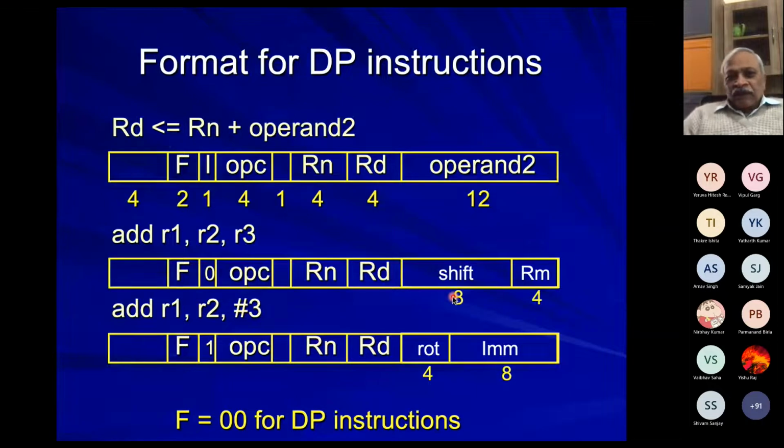So, in fact, you could say RD is assigned Rn plus another register shifted left or right by a certain amount. Okay. In case of an immediate operand, you can specify a certain amount of rotation. Okay. I'll describe these shortly.